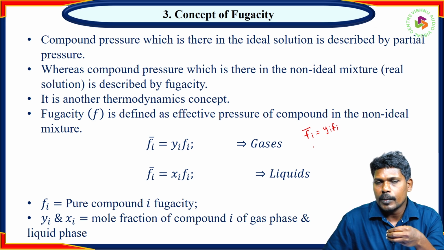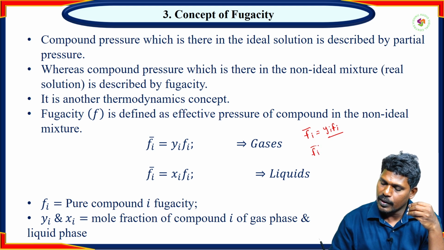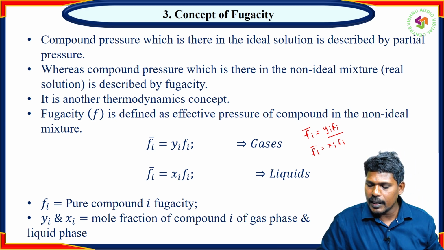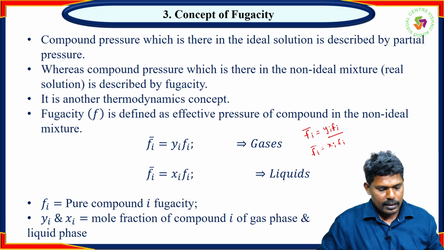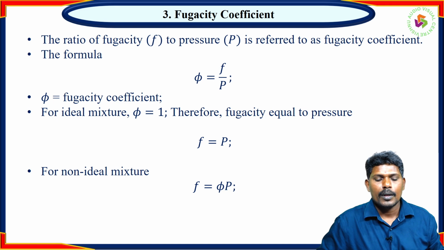And this is for gases. In liquids, the fugacity of a compound is equal to the mole fraction times fi bar. Here xi and yi are the mole fractions of a particular compound i in the liquid phase and gas phase.